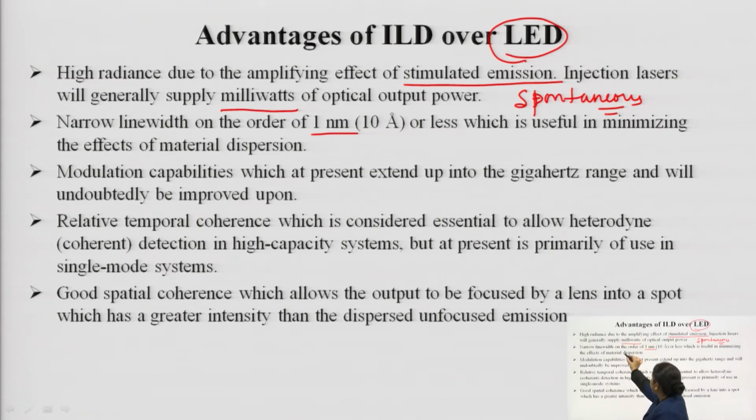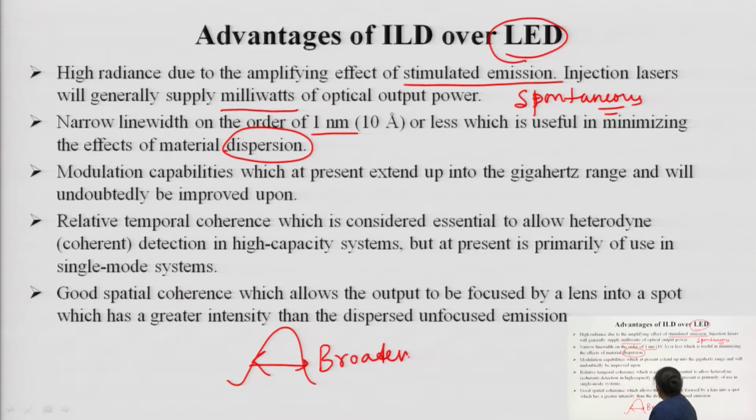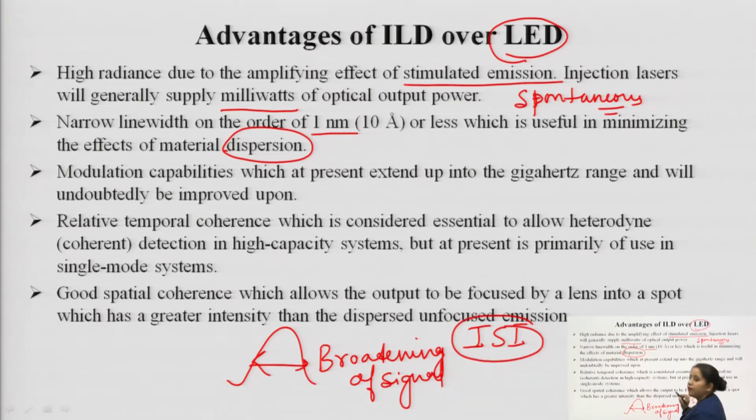Just a recap, because we have already studied this: dispersion is a phenomenon by which broadening of signals takes place, and due to this broadening, adjacent signals interfere with each other, and so inter-symbol interference, ISI, will occur.